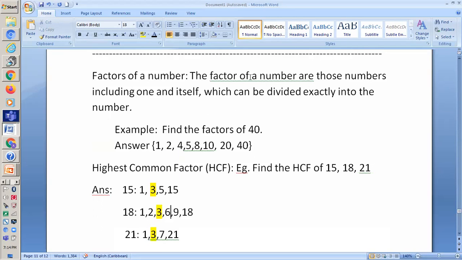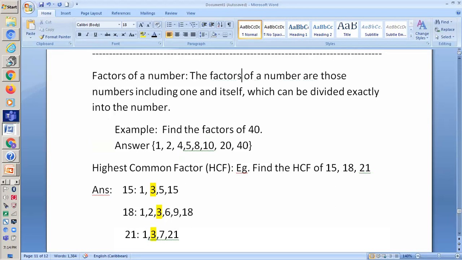So first of all, the definition of a factor. What does the factor of a number mean? Read what it says.